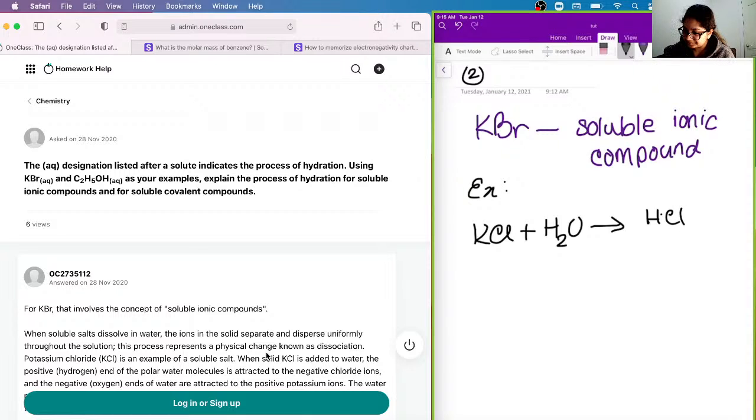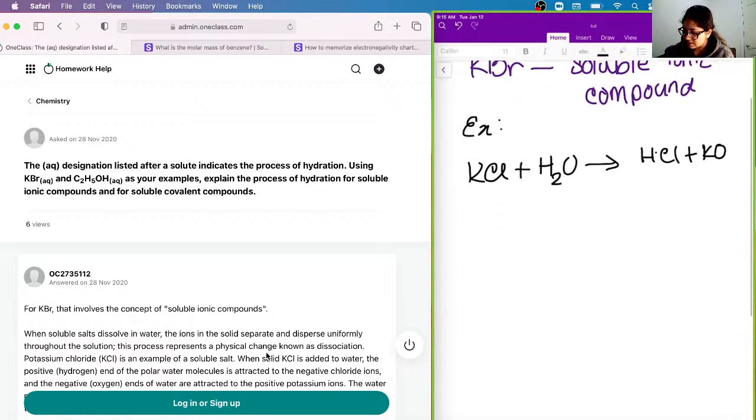The negative oxygen ends will be attracted to the potassium. You would have something like this, the water molecules surrounding the individual potassium and chloride ions, reducing the strong forces that bind the ions together and letting them move off into solution as solvated ions.